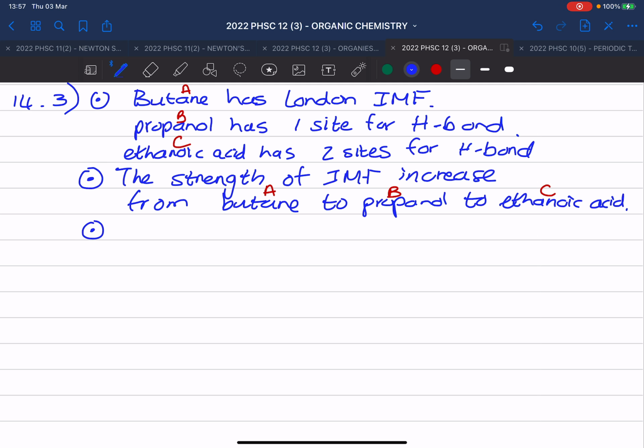Then the third bullet point is always what? Energy. Thus, now you can see I'm going to change my words a bit because I'm comparing a lot of things.